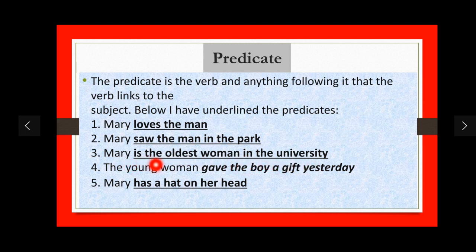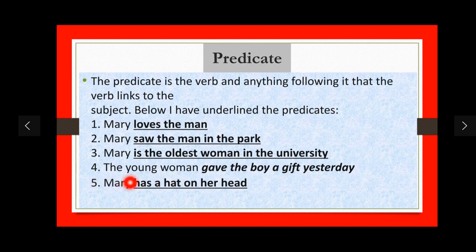So is the oldest woman in the university is a predicate, while Mary is a subject. The young woman gave the boy a gift yesterday. So gave the boy a gift yesterday is a predicate, and the young woman is a subject. So you can see that a subject can be a single word and a predicate can be a single word. A subject can be more than one word and a predicate can be more than one word.